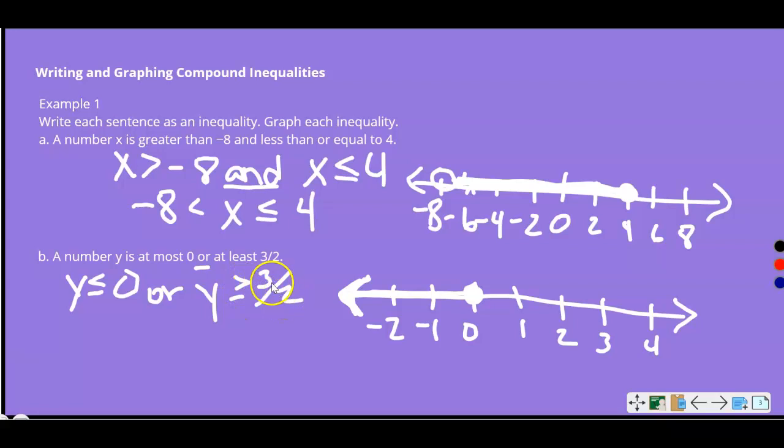So 2 goes into 3 once, 1 left over. So 3/2 is the same thing as 1 and 1/2. This is a solid circle because, again, it's greater than or equal to. Greater than 1 and 1/2 would be 2, 3, 4, and so on. So I'm going to shade this one to the right.